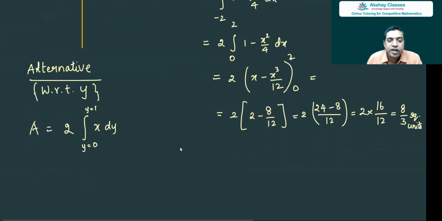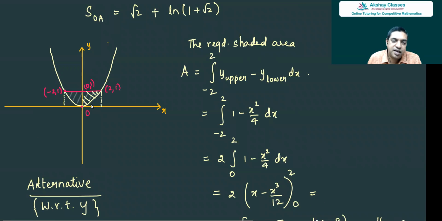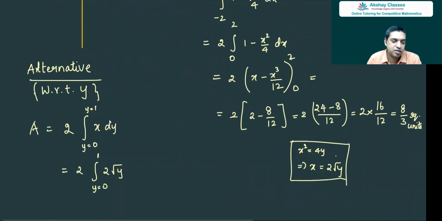Now x square is equal to 4y, so x will be 2 root y. So x is equal to 2 root y, plus or minus, but we choose plus because x is a positive quantity in this particular quadrant.